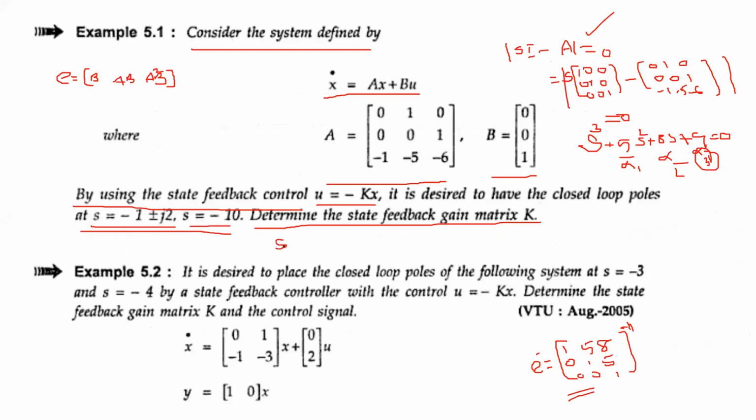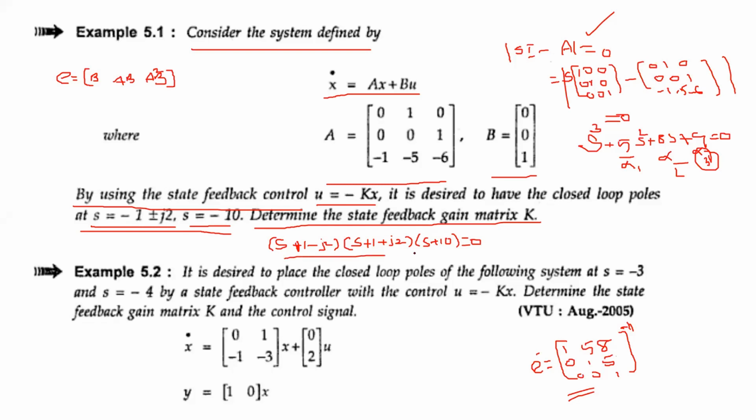So I can write S is equal to -1 plus or minus j2, which means S plus 1 minus j2 is one pole, and there is one more pole, S plus 1 plus j2, and it is multiplied with the third pole, S is equal to -10. Therefore I can write S plus 10 is equal to 0.